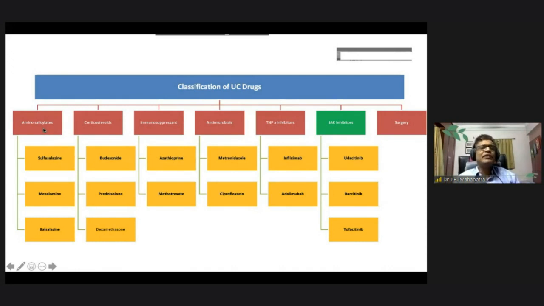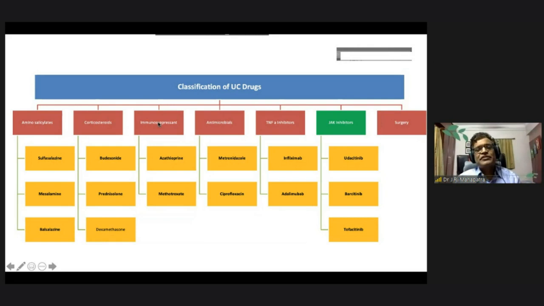Aminosalicylates are the common first drugs. It started with sulfasalazine, the molecule that the azo-reductase of the colon breaks down to sulfapyridine and 5-aminosalicylate. 5-aminosalicylate is the active moiety.